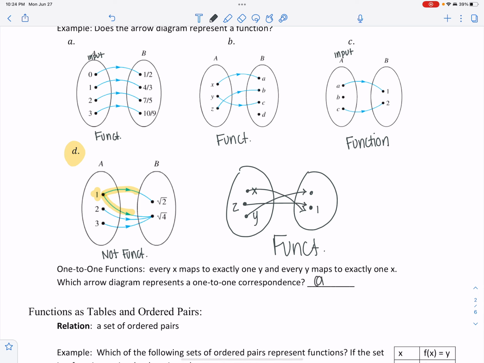It would be arrow diagram A. It's not arrow diagram B because I've got this extra point D in the output. It wouldn't be C because I've got that extra point B. And it wouldn't be D because this thing has 2 mapping from it, and this thing has 3 mapping from it. And so the only one that is one-to-one is A.